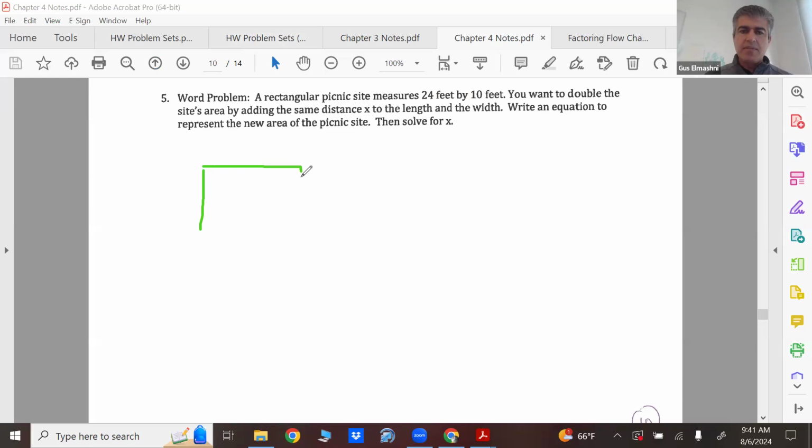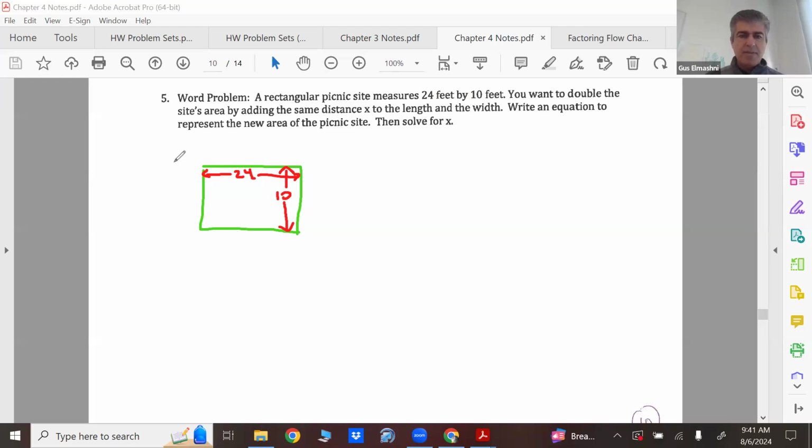So let's say this is the rectangular picnic site, right? And you're going to expand this. So right now, this is 10. Actually, let me do it on the inside. Let's switch colors too. Okay, then what you're gonna do is this. This is the part that's a little tricky.